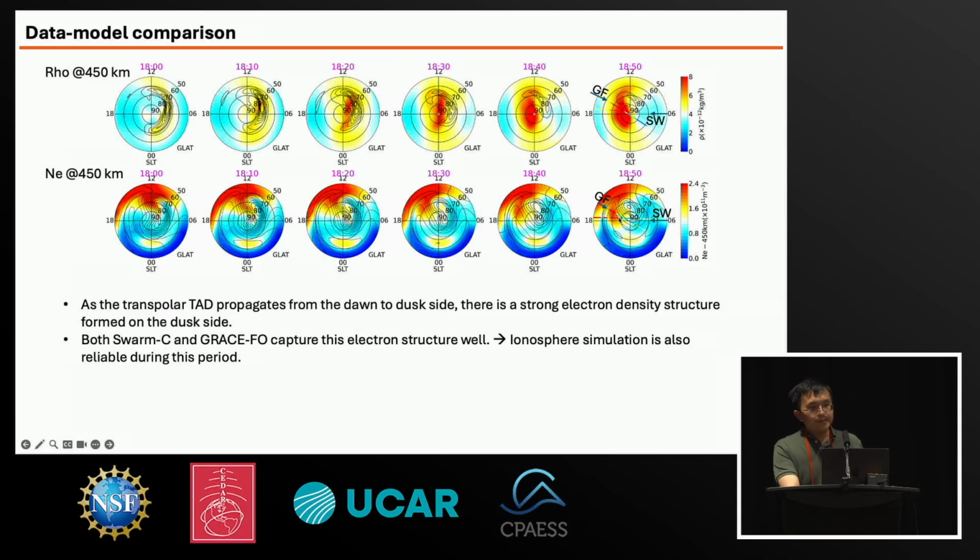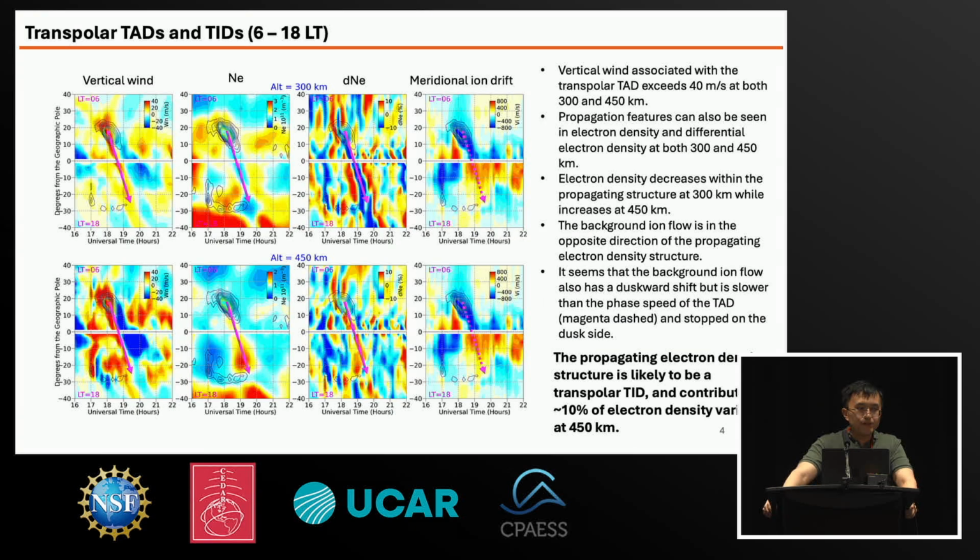Because the transporter TADs are propagating from the dayside to the dark side, we can actually see their propagation along the 6 to 18 local time meridian.